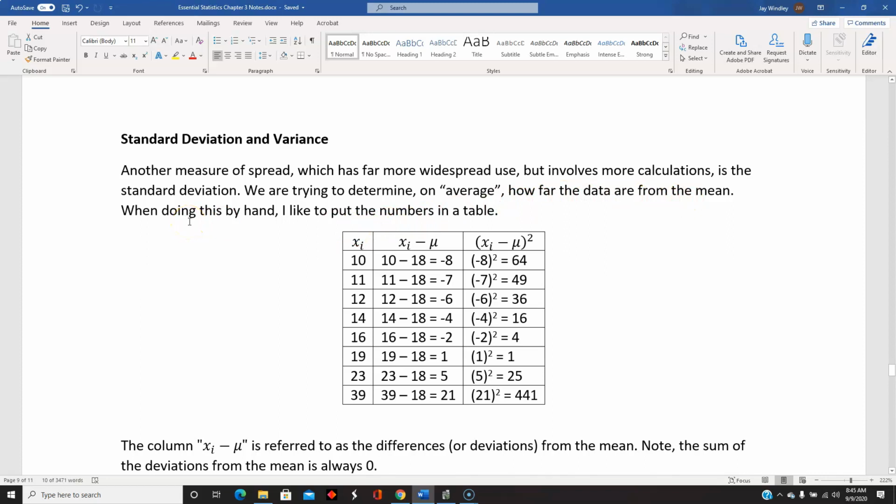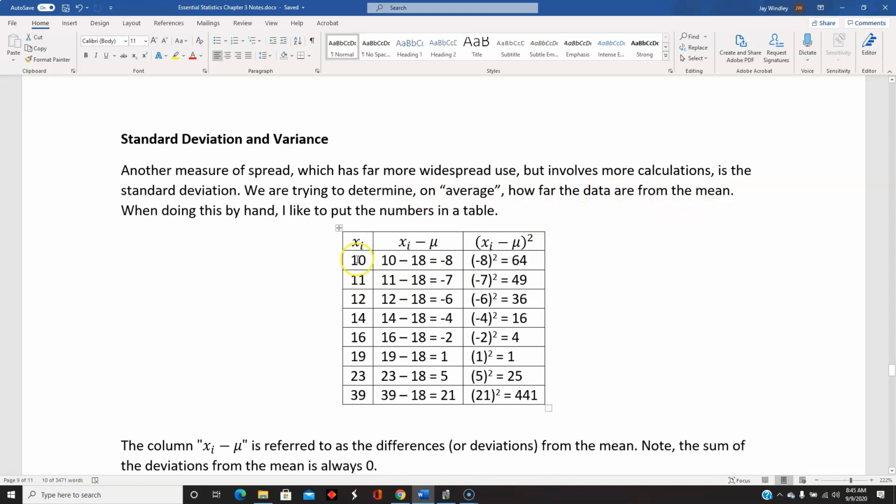So remember, range was a measure of spread, and that was just the distance from the minimum to the maximum. IQR, or interquartile range, was a measure of spread, and that was just the distance between the quartiles, quartile 3 minus quartile 1. But this is looking at it a different way. We want to know how far, on average, is the data from the mean.